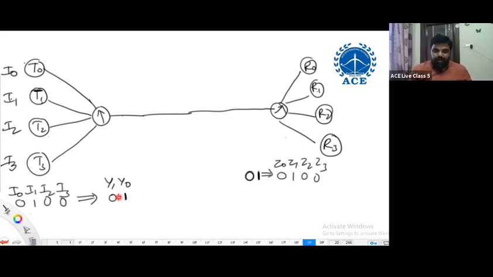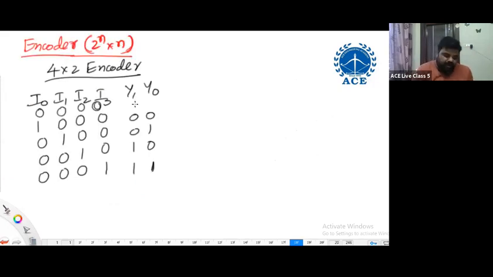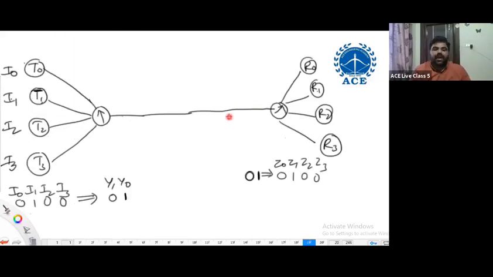When transmission is not there, what should I convey? Nothing is required to be conveyed. Whenever it is transmitting data, the ID of the transmitter should be conveyed by the encoder output. But when transmission itself is not occurring, I don't need to convey anything. I don't care what it gives as output. Its duty is, whenever it is transmitting data, to convey the ID of the transmitter.